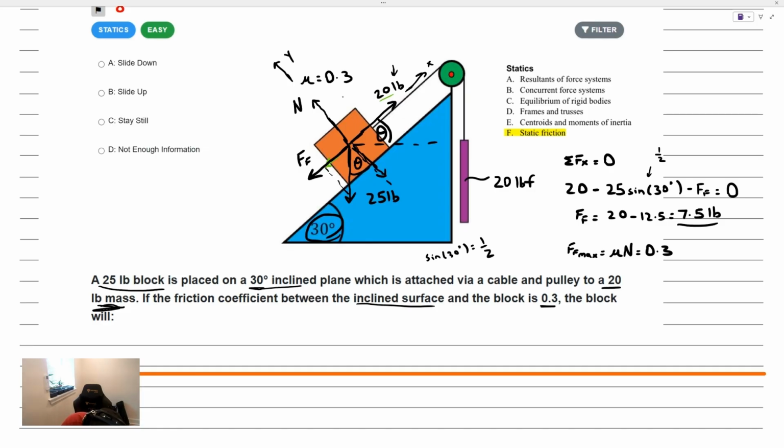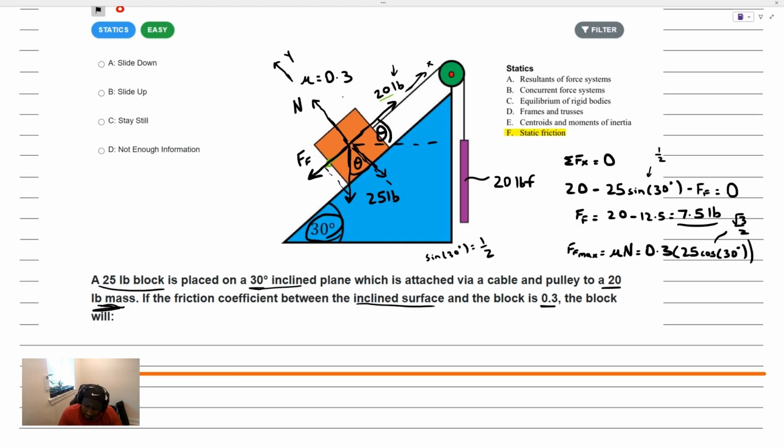Right? That's just going to be 25 cosine of theta, cosine of 30 degrees. We know what the cosine of 30 degrees is. That's going to be the square root of 3 over 2. So 25 over 2, that's 12.5 multiplied by the square root of 3.